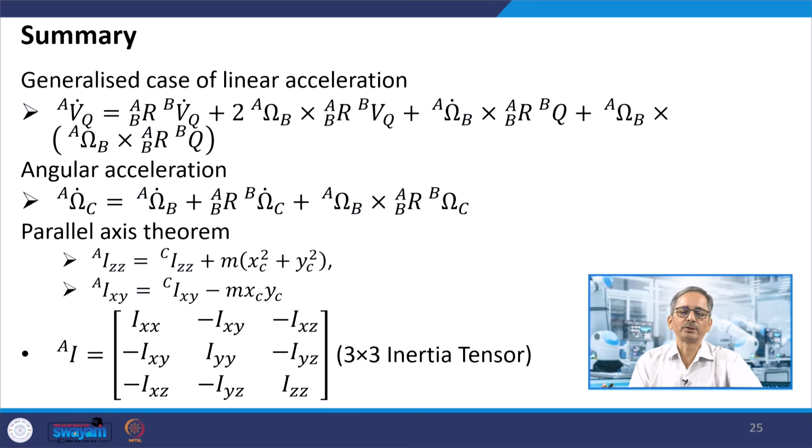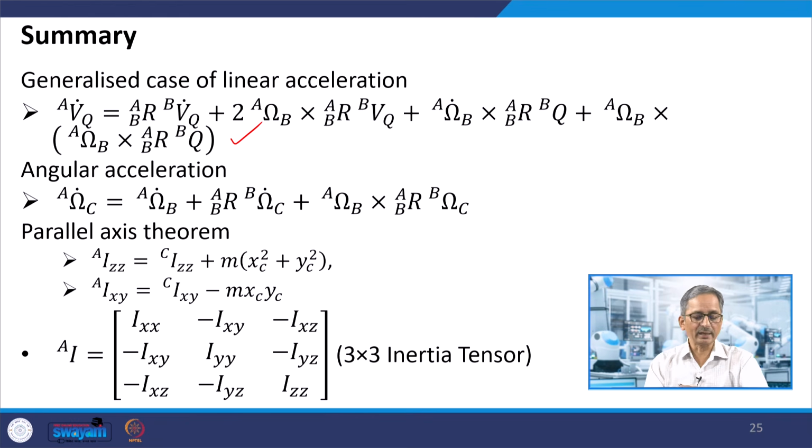Okay. So, to summarize, this is our general expression for the linear acceleration of a vector in a frame. The frame in which that vector is there may also have rotation as well as translation with respect to some other frame. Okay.